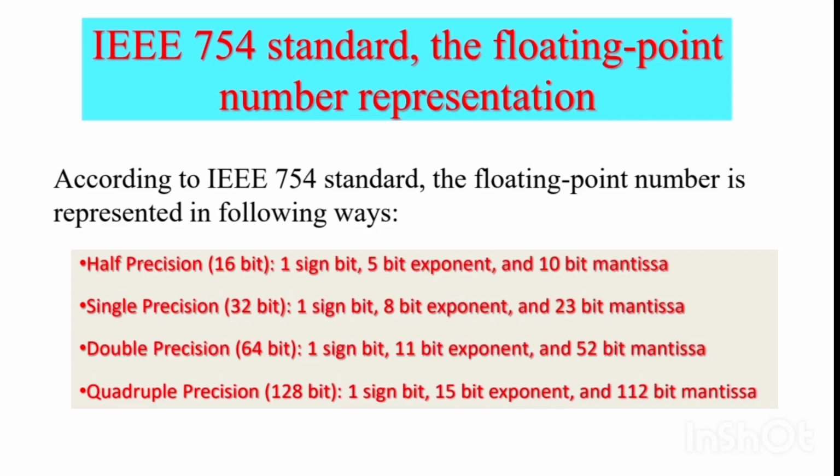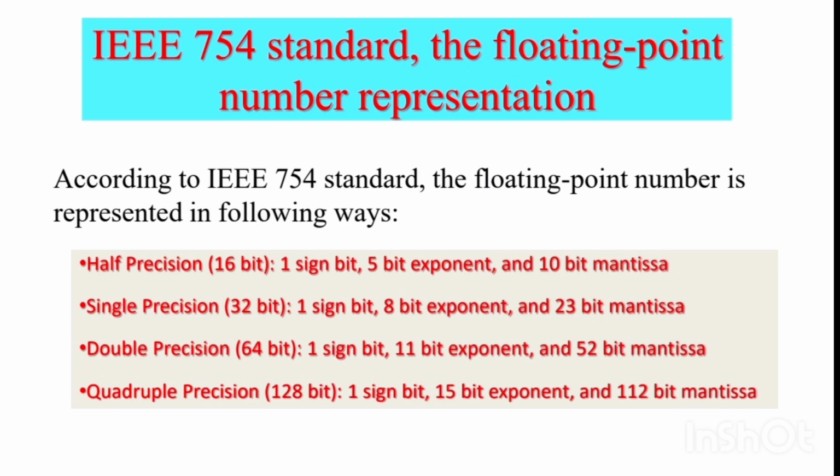For double precision, altogether the number of bits is 64, 1 bit for sign, 11 bits for exponent, and 52 bits for mantissa. For quadruple precision, we have 128 bits, 1 bit for sign MSB, then 15 bits for exponent, and 112 bits for mantissa.